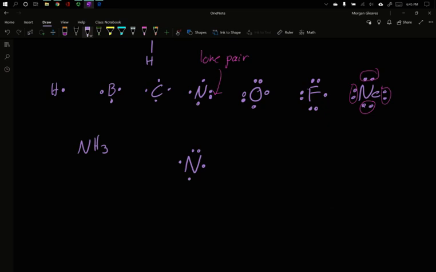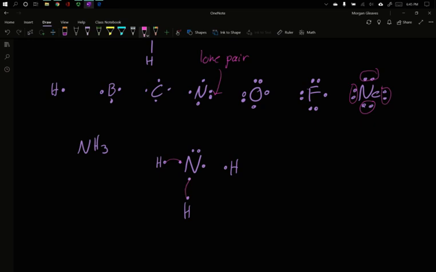So you put an atom down, you put its electrons around it. You then put down your other atoms, and you pair any unpaired electrons. And so nitrogen here had one unpaired electron on its left, the hydrogen had one unpaired electron, so I've linked them together.